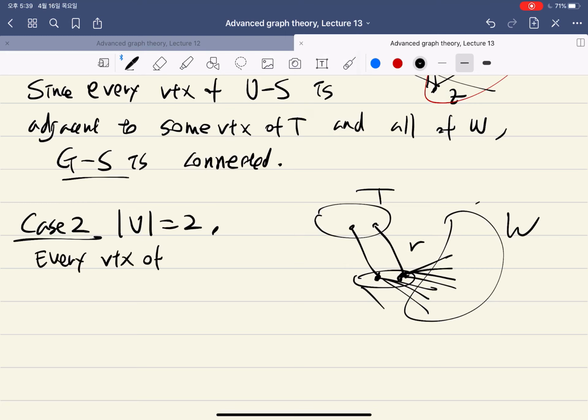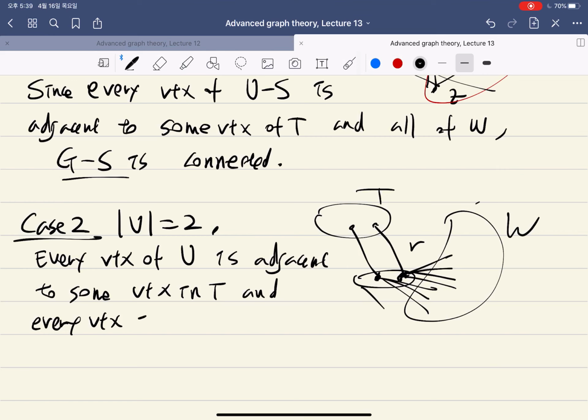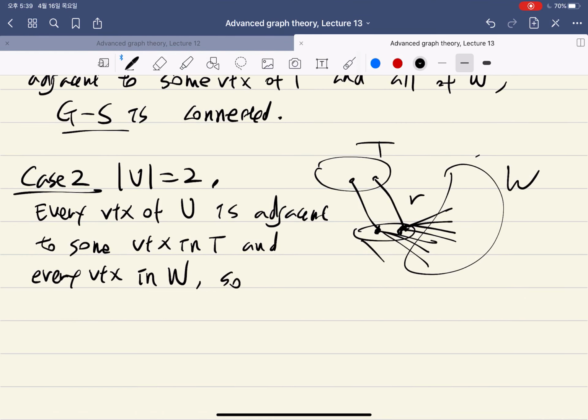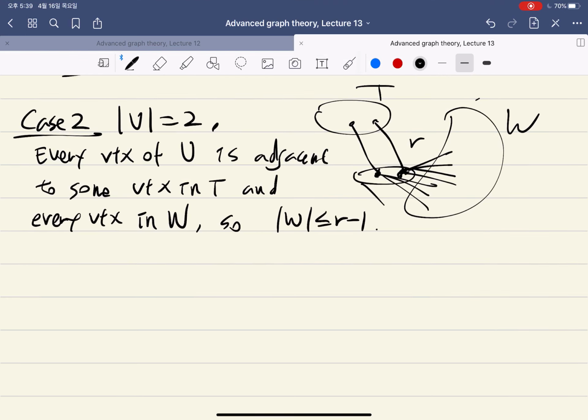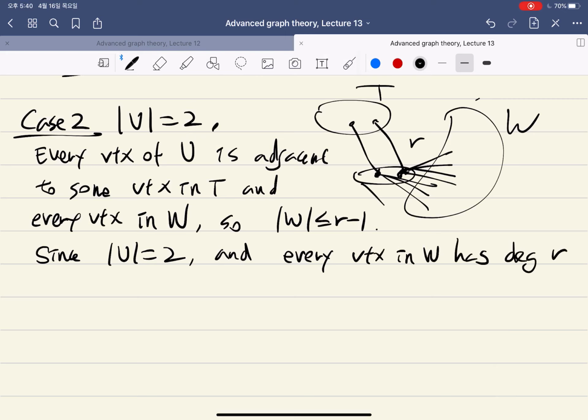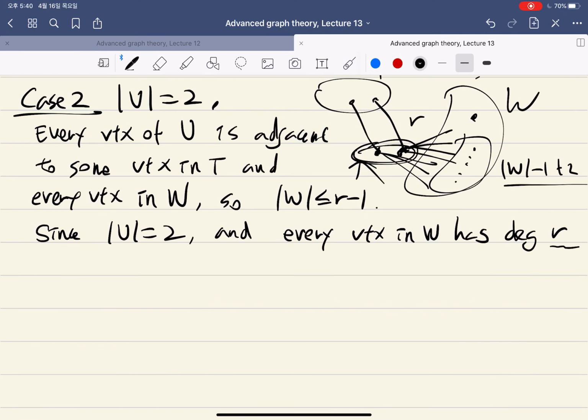Every vertex of U is adjacent to some vertex in T and every vertex in W. So W has size at most R-1, since U has size 2, and every vertex in W has degree R. So a vertex in W has at most 2 neighbors here, and then at most W minus 1 other neighbors in W. So W minus 1 plus 2 neighbors is the maximum possible degree that it can get. But we know that it has degree R.